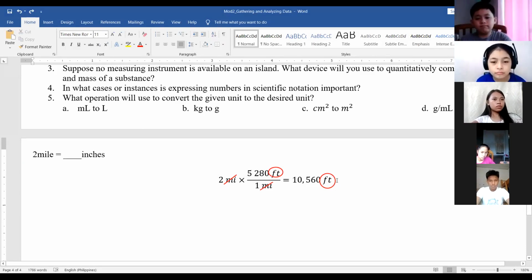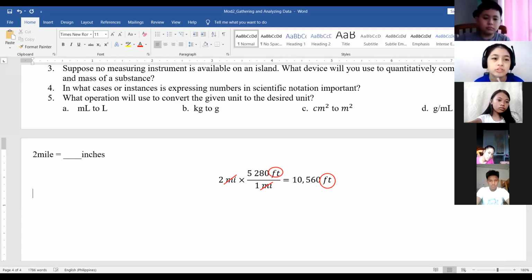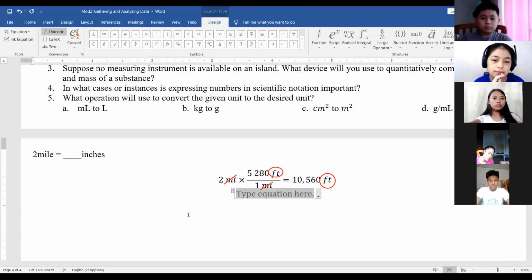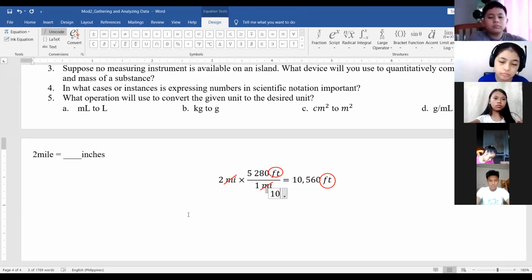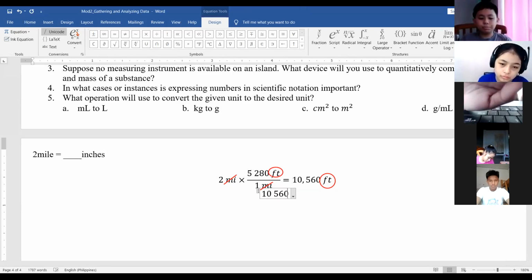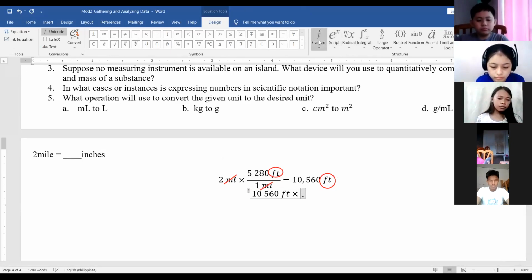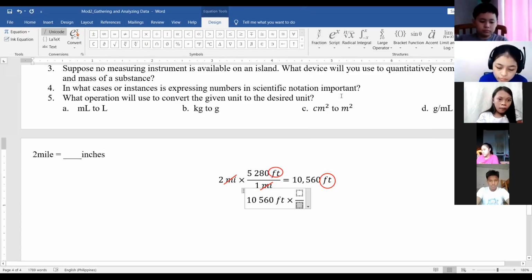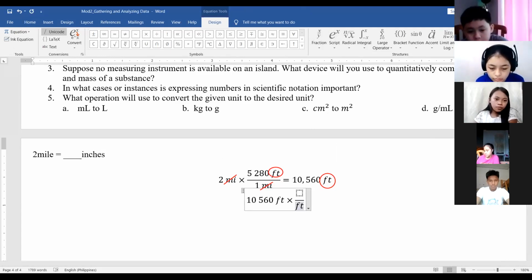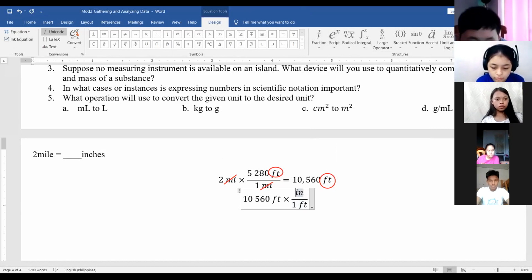But our target is not feet. The target unit should be inches. We go back to the conversion then. So for the conversion of feet to inches, simply take 10,560 feet, then multiply that by the conversion of feet to inches. Since feet is what we are going to eliminate, feet should be in the denominator, and the target unit to arrive at is in the numerator, which is inches. And the conversion there goes with 1 foot is equal to 12 inches, right?